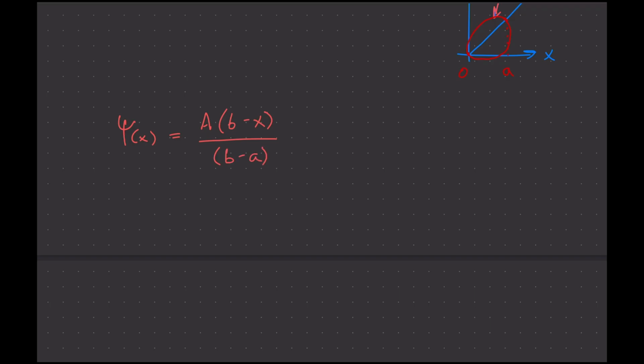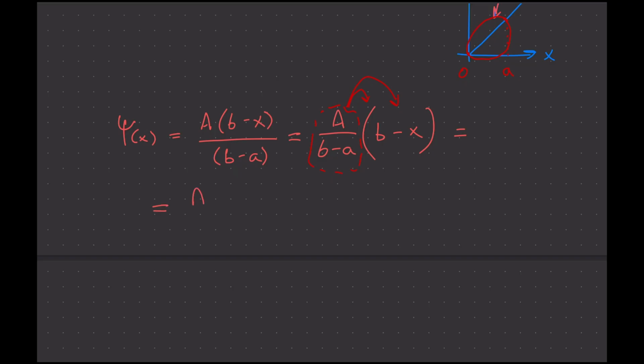Let's rewrite this in a more suggestive way. I think we could do A over b minus a, all of that being multiplied by b minus x, right? And we can take this entire thing right here and distribute it, boom, right there.